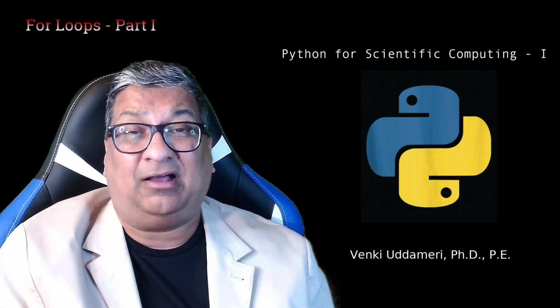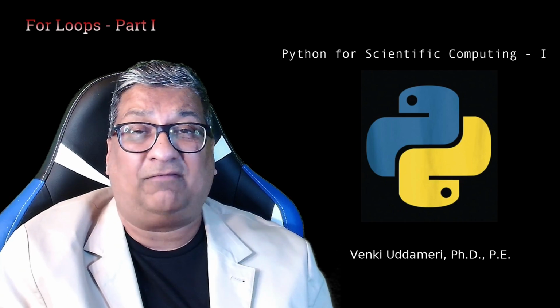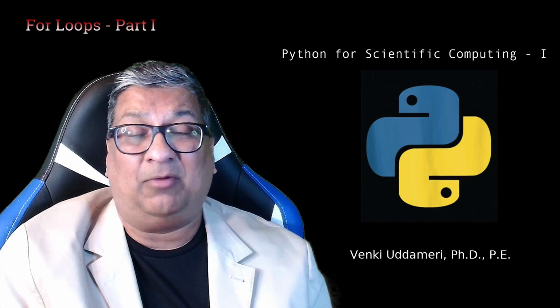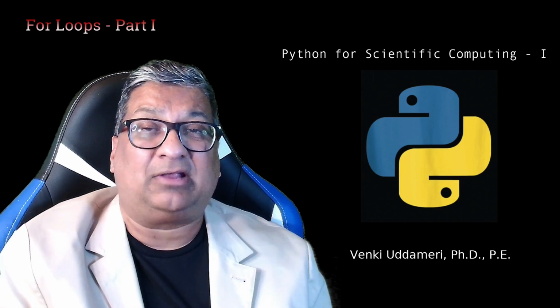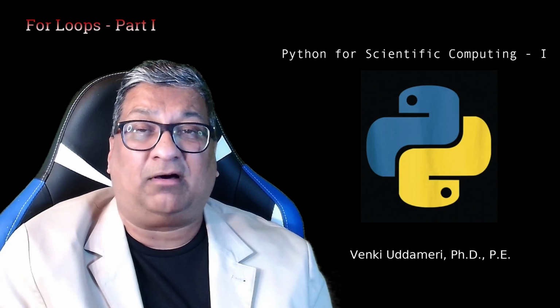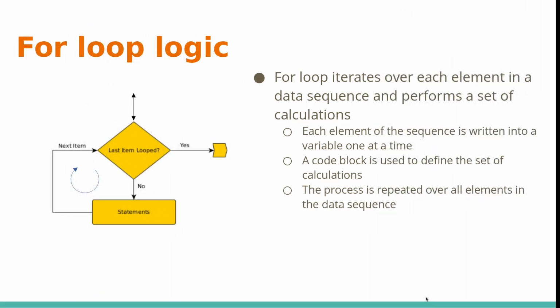In addition, for loops also play a major role in analysis of imagery and remote sensing. For this reason, it's important for you to have a sound grasp of what for loops are and what they do. Before we get into the syntax of a for loop, let's understand the logic behind it.